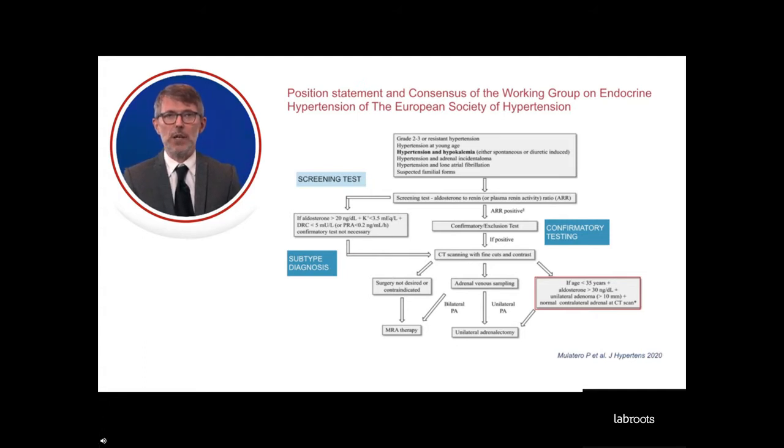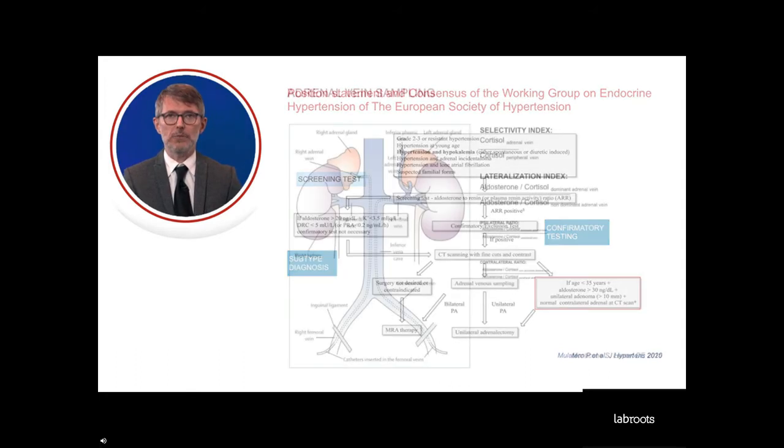These are very young patients, less than 35 years old, with aldosterone level very high, more than 30, and a specific feature on the adrenal CT scan, that is a nodule on one side larger than 10 millimeters and a normal adrenal gland on the contralateral side.